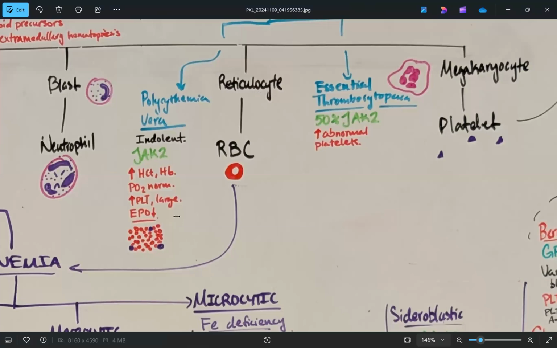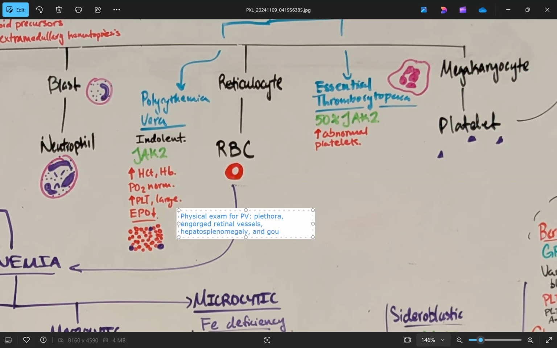So you'll see an increase in your hematocrit and your hemoglobin. You'll also see a normal PO2, increase in platelets, and those platelets will generally be large, and a decrease in erythropoietin, which makes sense because if you have too many red blood cells, you want to downregulate that. So on histology, you'll basically see a bunch of crowding of red blood cells, which I tried to illustrate there.